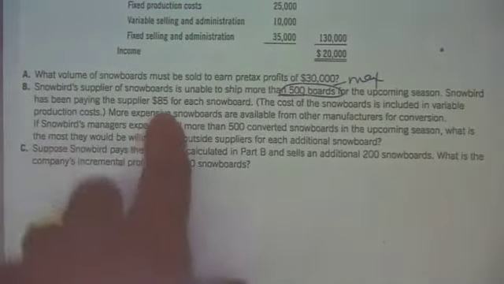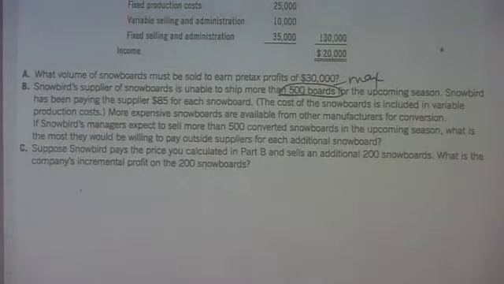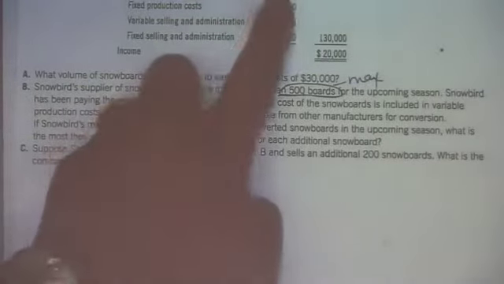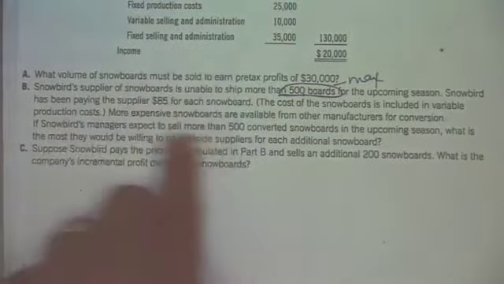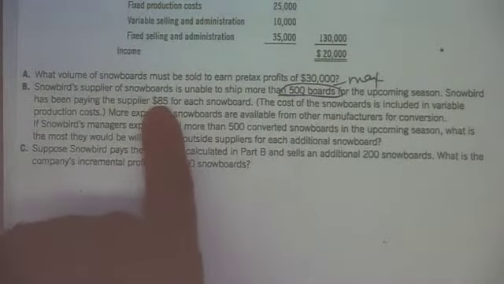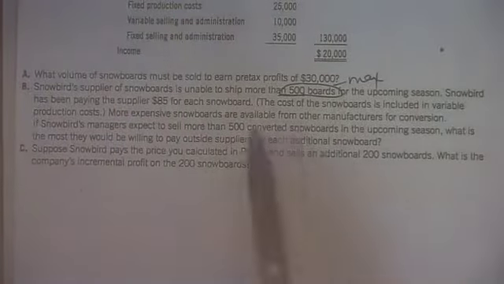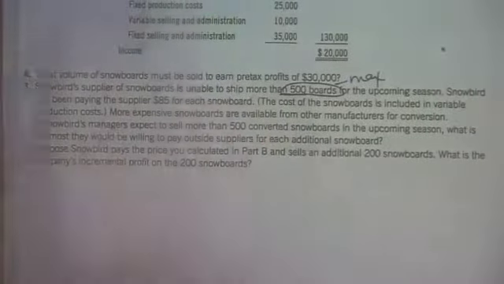So it would be 60 divided by 500, which is $120 per unit, but 85 of that is the cost of paying the supplier for each snowboard. The cost of snowboards is included in the variable production cost.